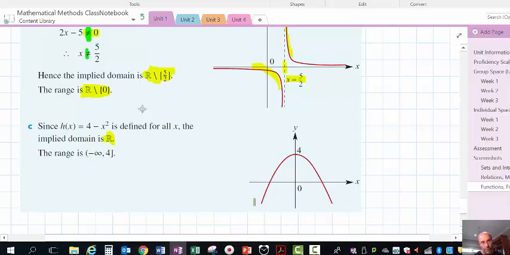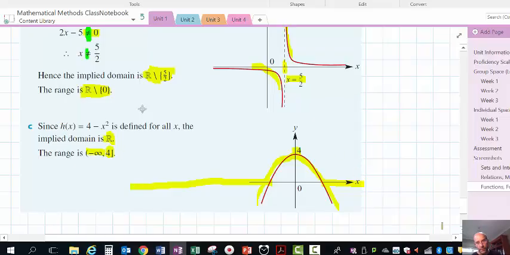And the function, if you plotted it, would be this upside down parabola, which would keep going, but its turning point is up there at y equals 4. So basically it's unrestricted along the x in both directions. It's unrestricted downwards on the y, but it cannot climb higher than 4. Okay, so you've got the range there.